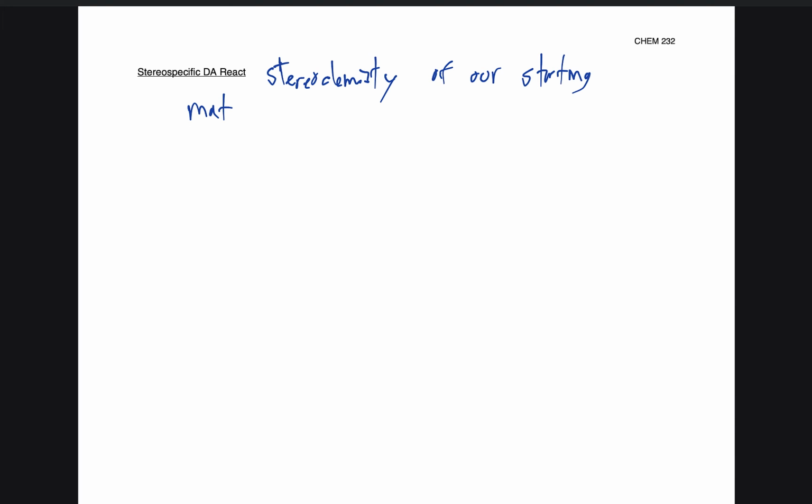So now let's take a look at the last part here in thinking about the stereochemistry of the reactions. Okay? And so the stereochemistry of our starting material remains, following something called the out-endo-cis rule.